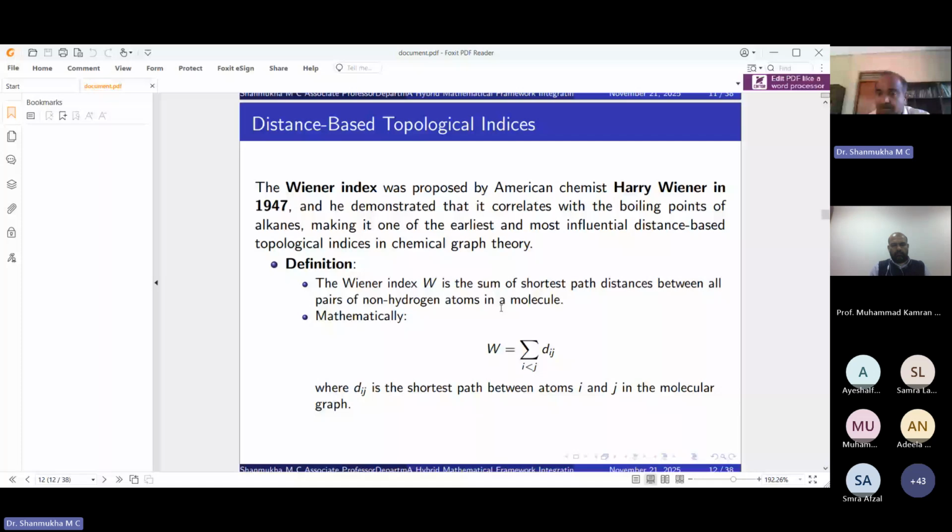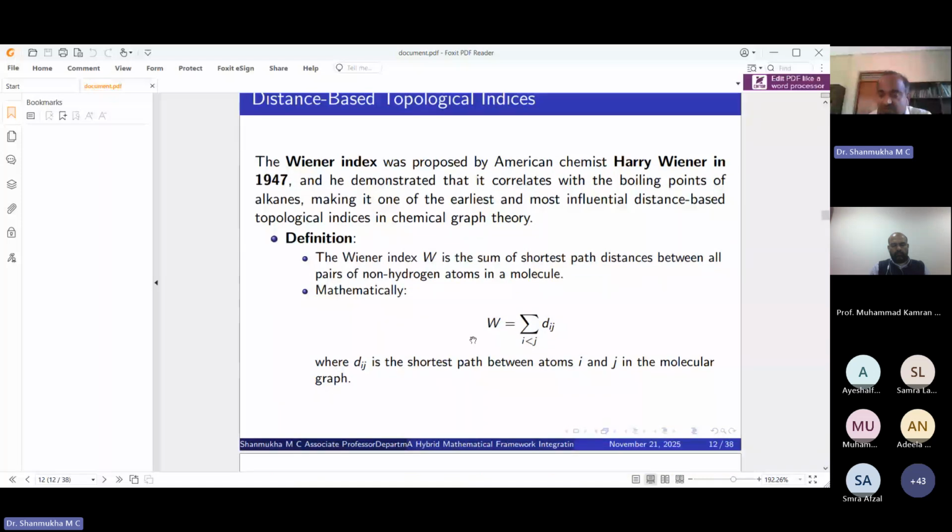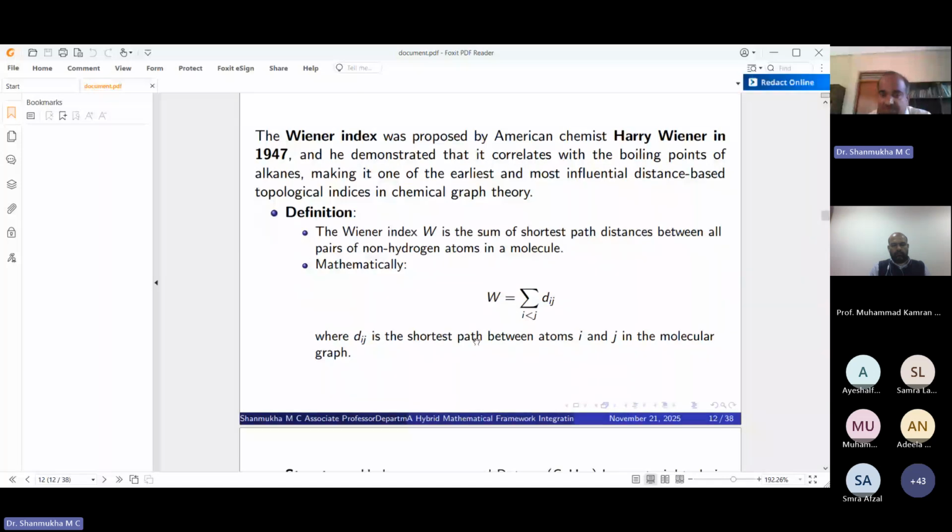The Wiener index is mathematically defined by W equals the summation of Dij over i less than j, where Dij is the shortest path between atoms i and j in the given molecular graph.